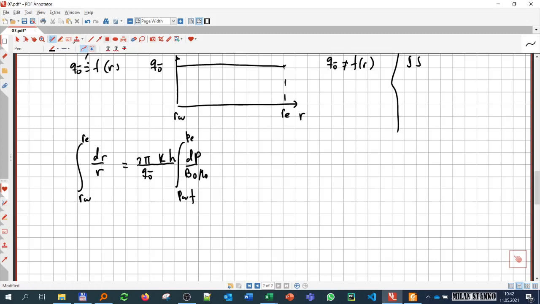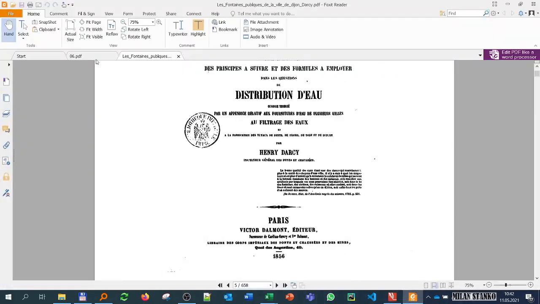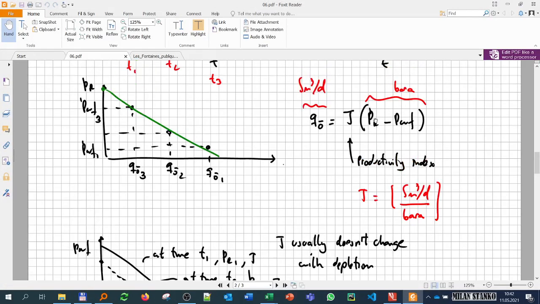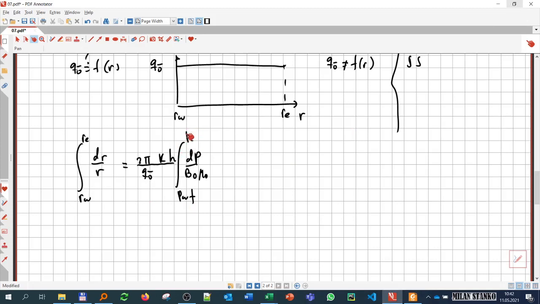But you get the intuition that this integral is going to give you the pressure difference that we saw for the empirical IPR. So we should be doing it until some reservoir pressure, not until PE.